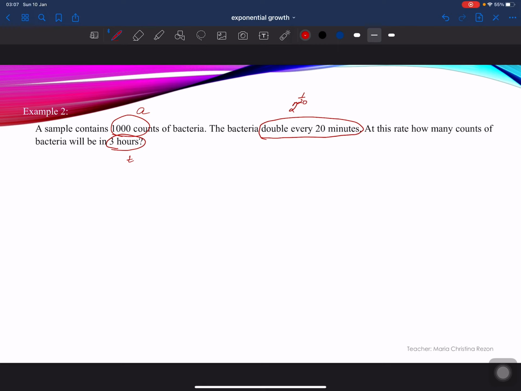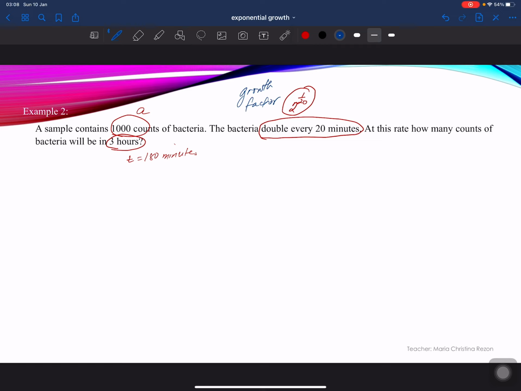Now you can do this. You can use this one and change t to 180 minutes. Okay, I'll show you that. So this is our growth factor, 2 to the 1 over 20.